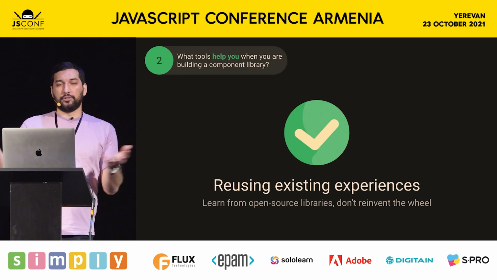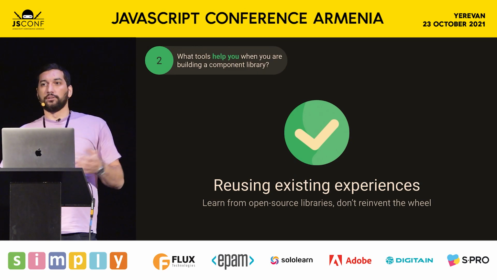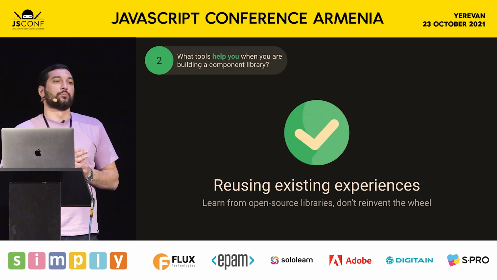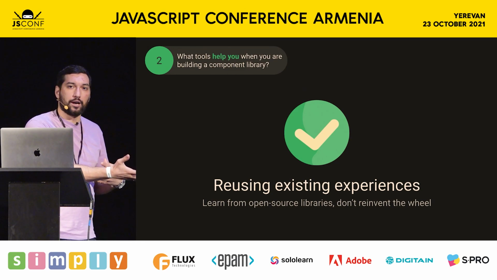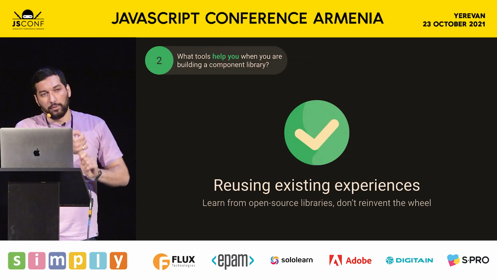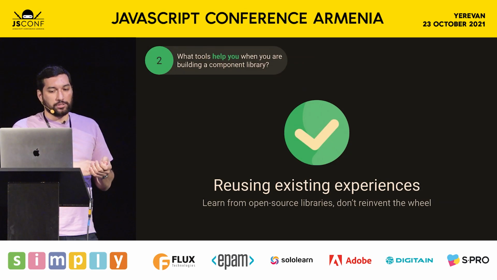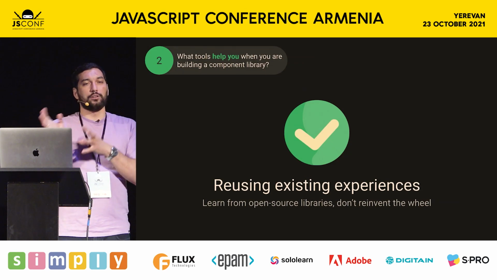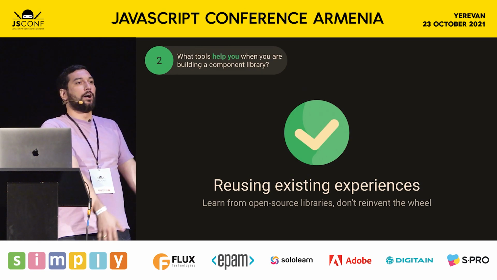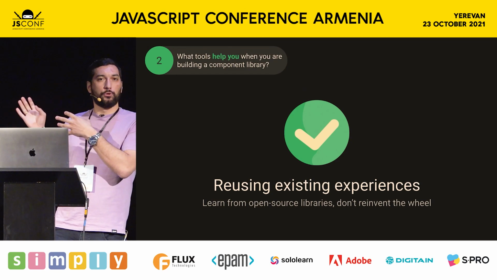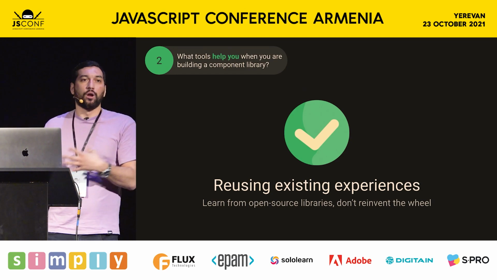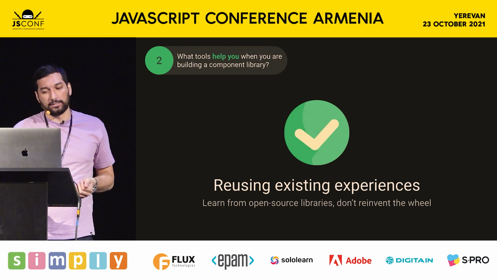Another one is you don't have to reinvent the wheel. Even if you're not using Bootstrap or Material, you can look at their code base or their documentation. You can reuse their naming, their patterns, and their decisions. So even if you're not using their code, converting their experience to your domain and adapting that to your particular application will yield much better results.